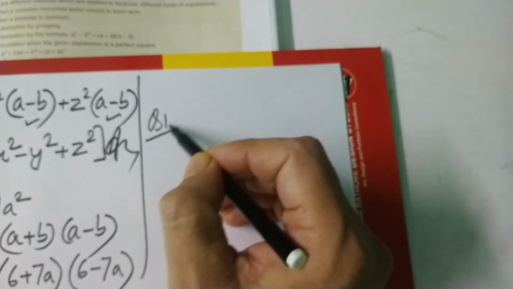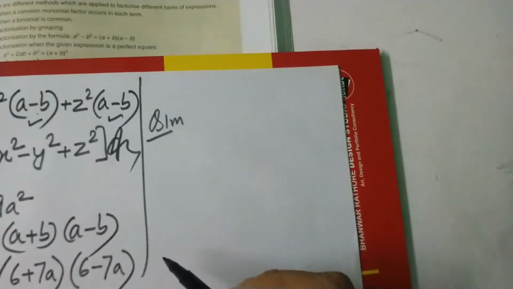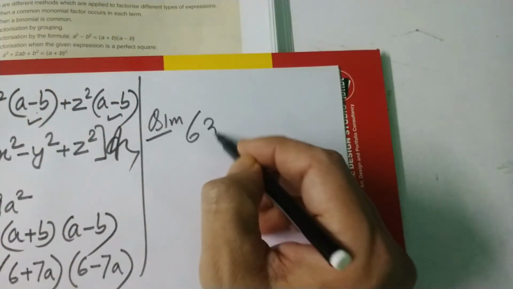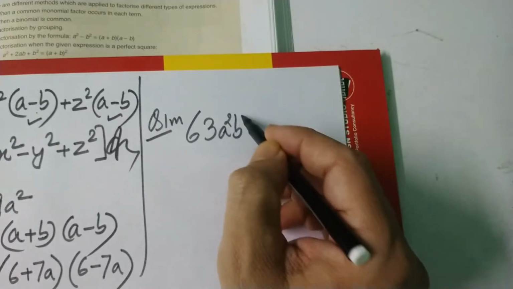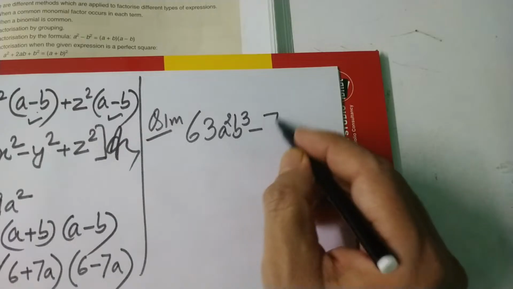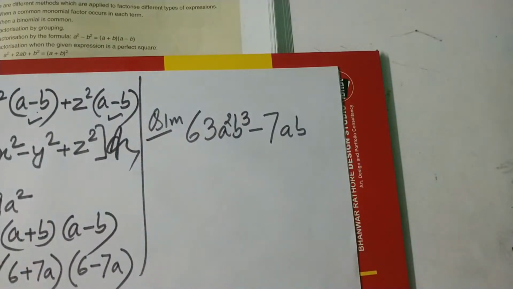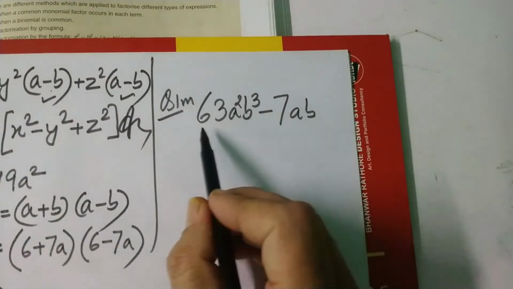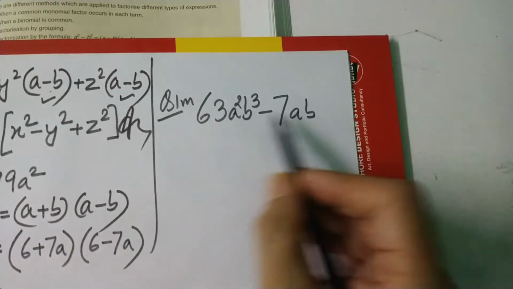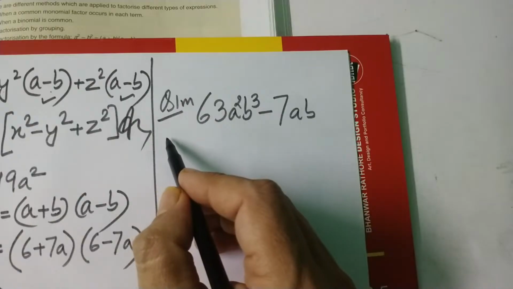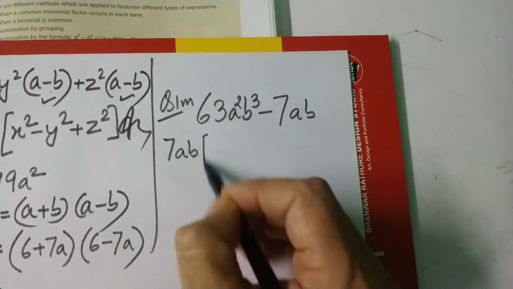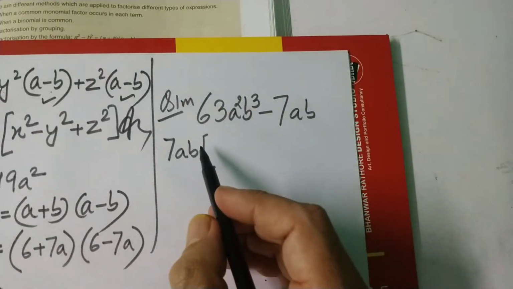Question 1, M part. The question is 63a square b cube minus 7ab. Now what is common in the two? First, 7 is common, ab is also common. So I will take common 7ab, and inside the bracket what will come?